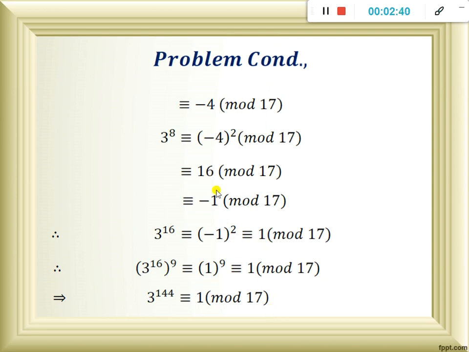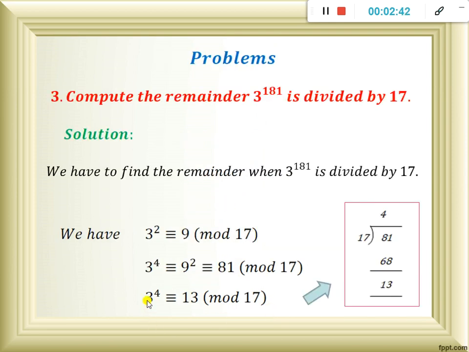In the next step, look at 3 power 4. I'm going to find the remainder. Whenever the remainder is 1, the problem becomes very easy. Why? Because in our first lecture I gave a property: a power r is congruent to b power r mod m.